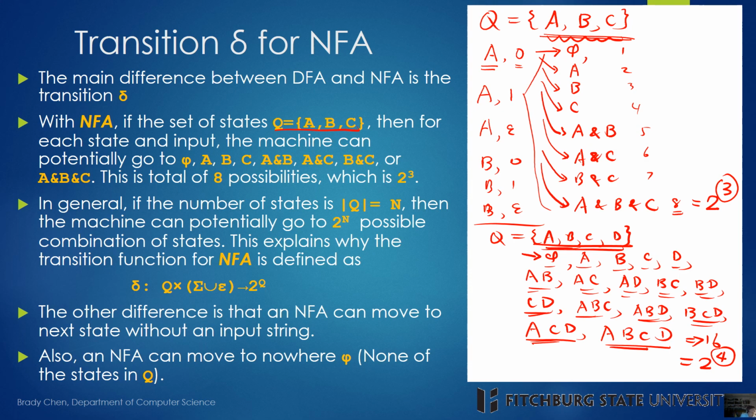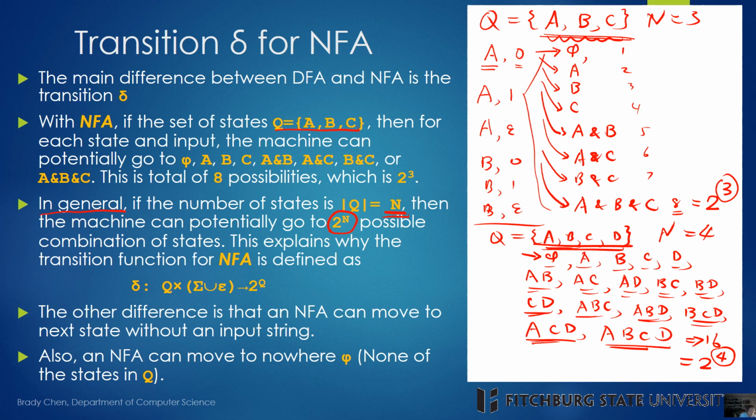Now, you're probably going to see that, in general, if the number of states is n, in this case n equals 3, and in this case n equals 4, right? For general n, the machine can potentially go to 2 to the n possible combinations of states.